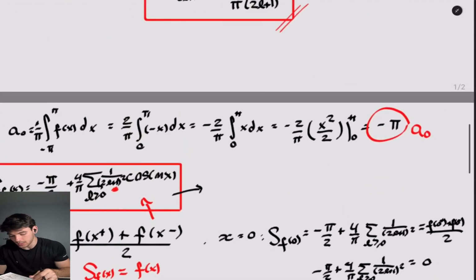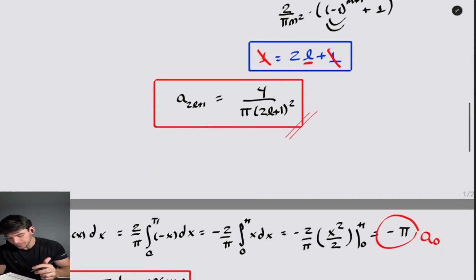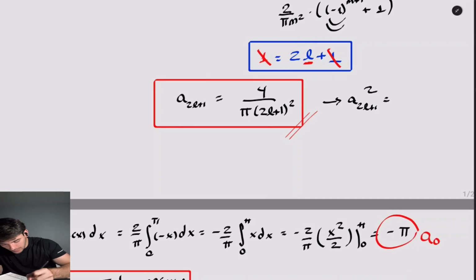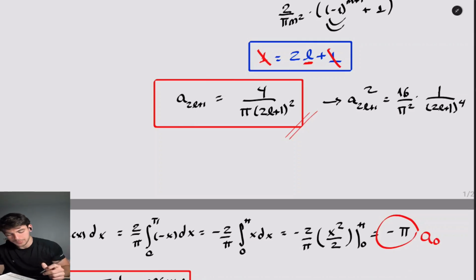What is our an? We've calculated here. So if we square this, we'll have 16 divided by pi squared, and here to L plus 1 to the power of 4.